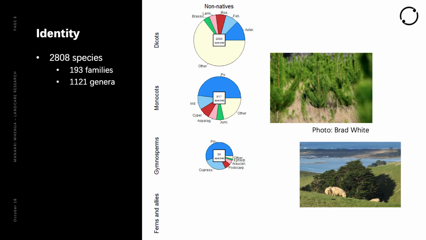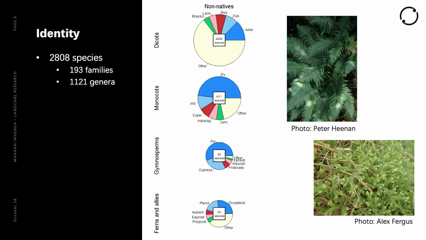Quite a smaller number of gymnosperms, only 56 species, mostly represented by the pine family, but also the cypress family, such as macrocarpas, and then a couple other individuals in there, podocarps, Araucaria, ginkgo. And then finally the ferns, the smallest group, only 55 species.